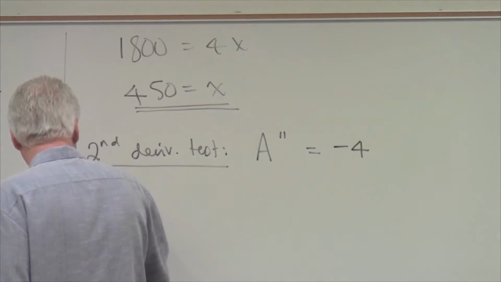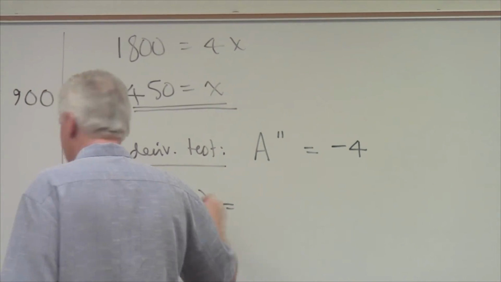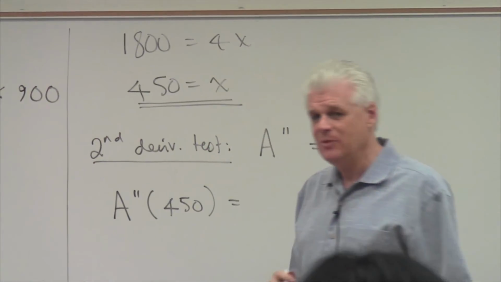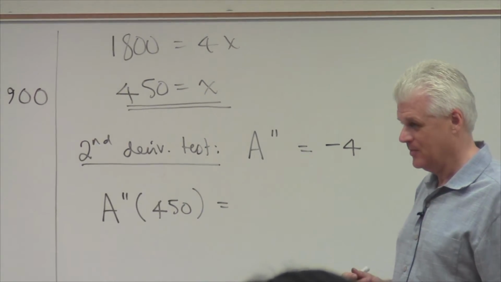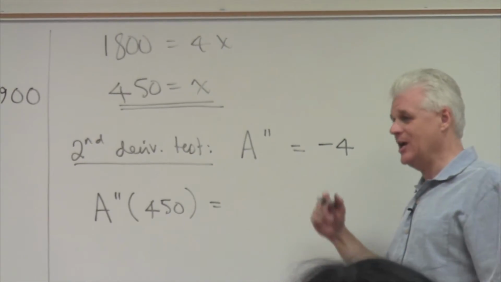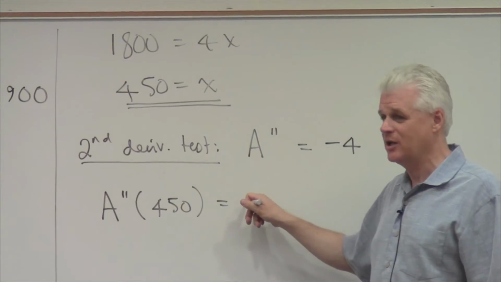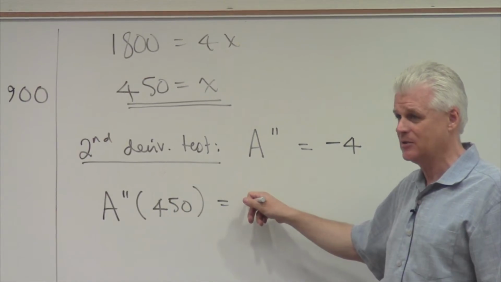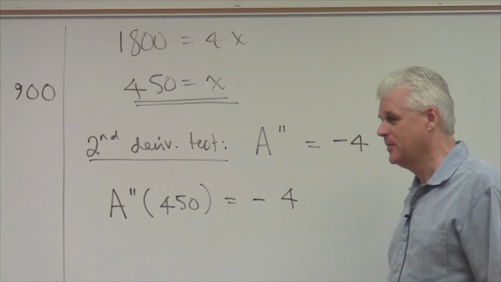So I'm supposed to take the function A double prime and plug into it 450. Now the thing is, A double prime here is so trivial, it doesn't even have an x anymore. If it had an x, what would I do? I'd put the 450 where the x is. This is so basic, it doesn't even have an x. It doesn't care what you plug in. It always spits what answer back at you? -4, no matter what you plug into it.